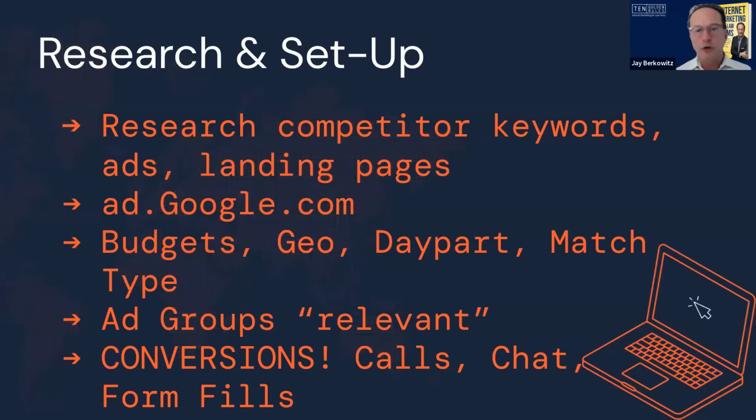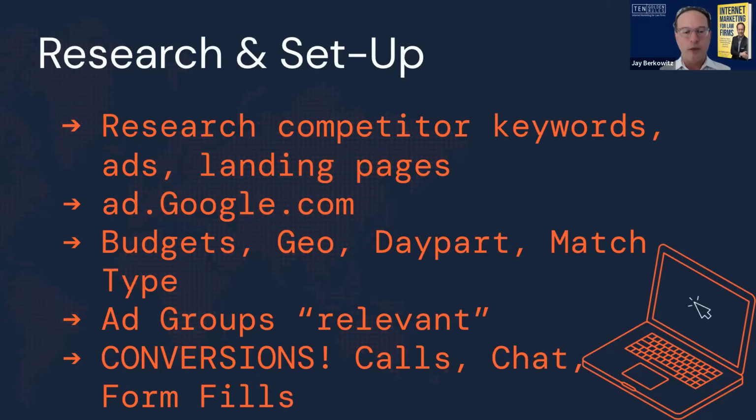So in terms of the research and the setup, we researched our competitors' keywords, we looked at their ads, we looked at their landing pages, we built a database of all the keywords that our competitors are using and some of the big spenders in our market, maybe other markets. We set up the campaign at ad.google.com. We set our budgets, the geography we want to target, the day parts, and the match type for the keywords.